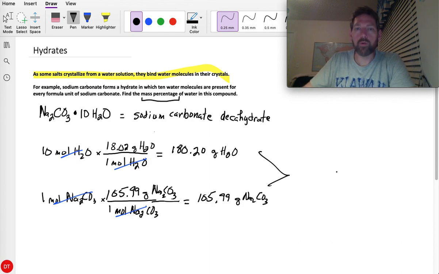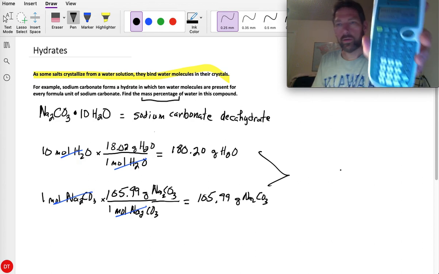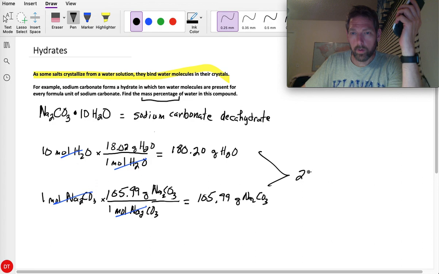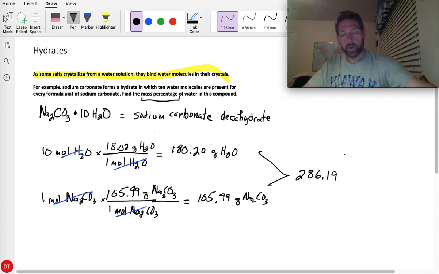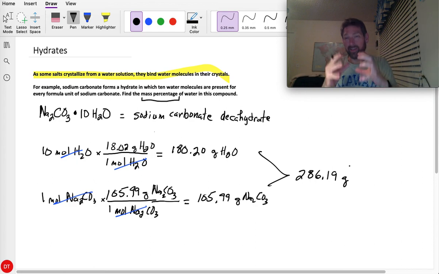So if you add both of these together, I've already got the 105.99 in the calculator, so plus 180.2, you should get 286.19. Okay, 286.19, and that would be the mass of the entire hydrate.